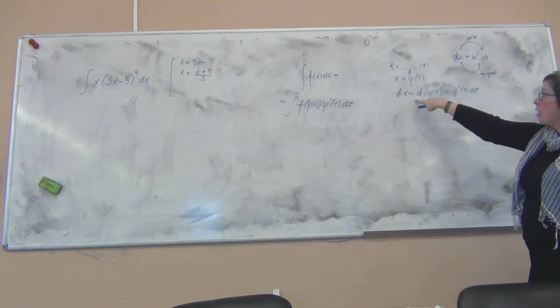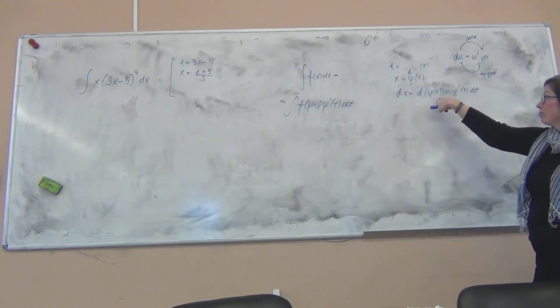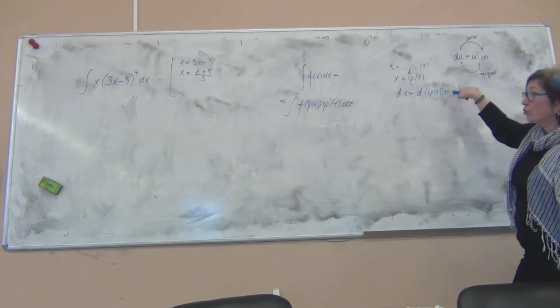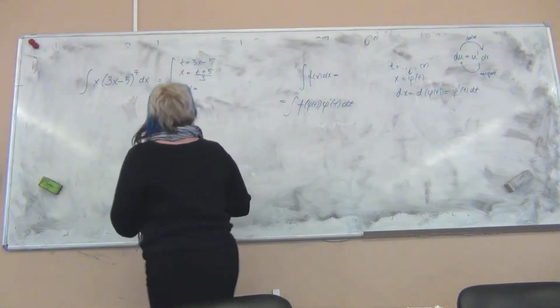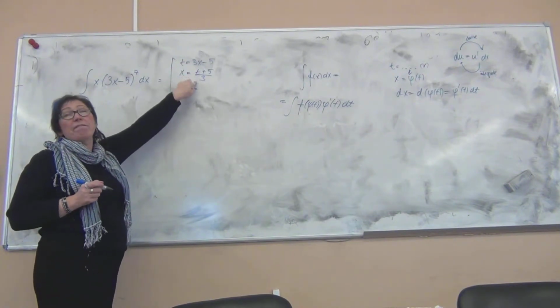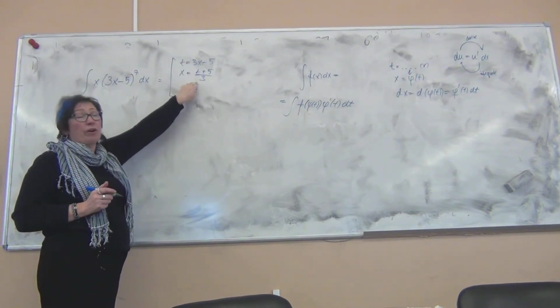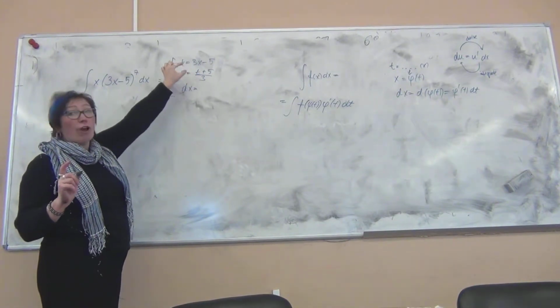The next part that we have to do, we have to find out how to replace dx, derive the phi function. So dx will obviously be, as we can see, t over 3. The factor at t is 1/3, so the derivative, not the integral this time, we are deriving.